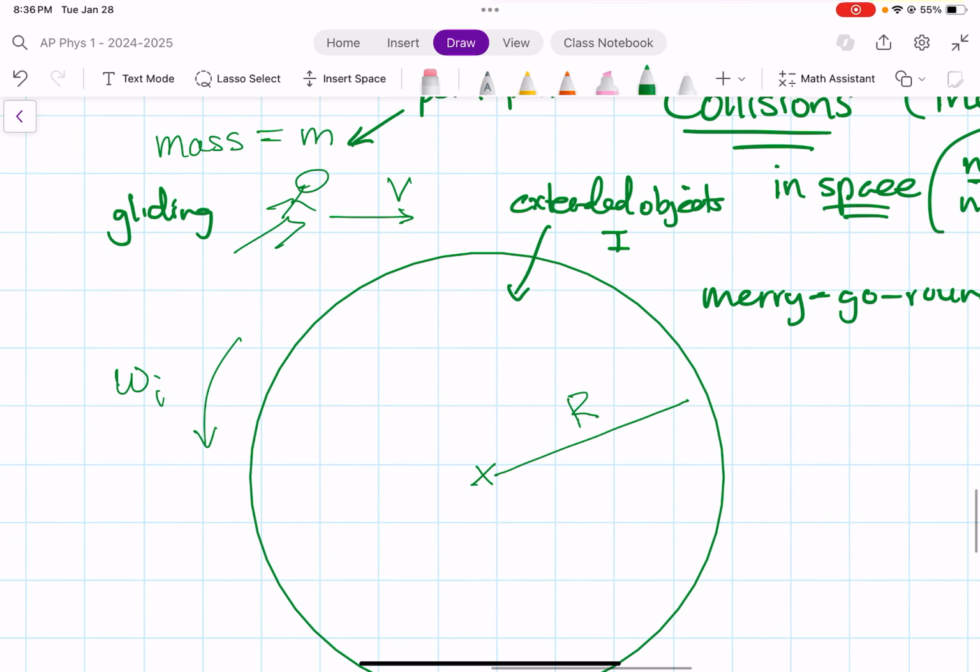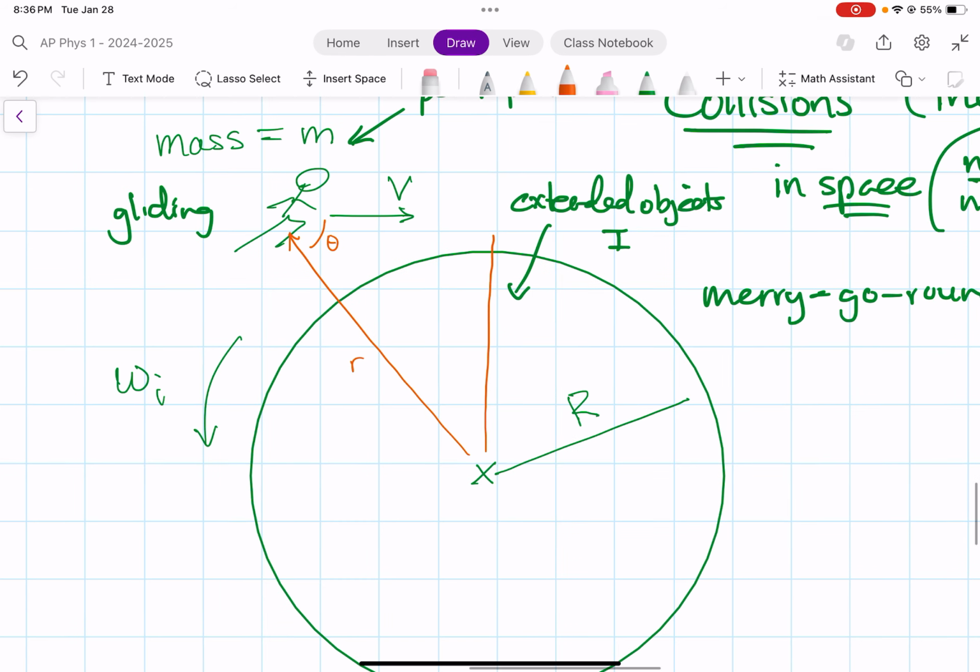And keep in mind, you could calculate the angular momentum of when he's here, right? That r vector, here's your theta. But remember, if it's conserved, if he's not touching anything until he gets to the very edge of this merry-go-round, you could essentially say that it's going to be the same calculation as when he's here, right?